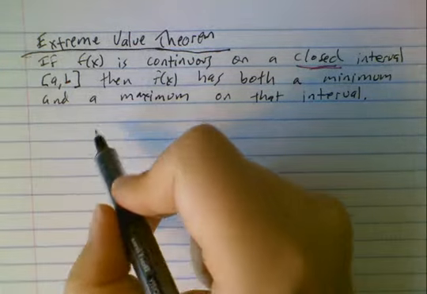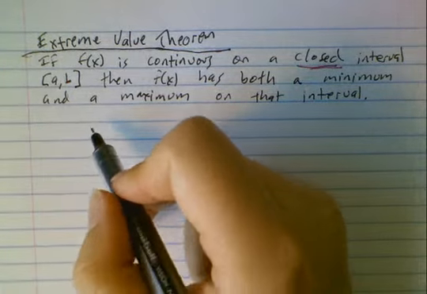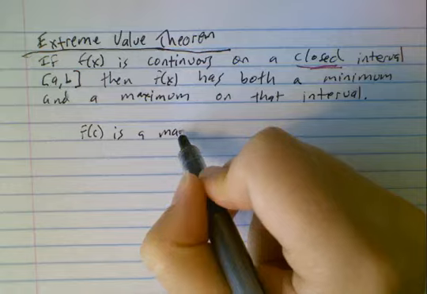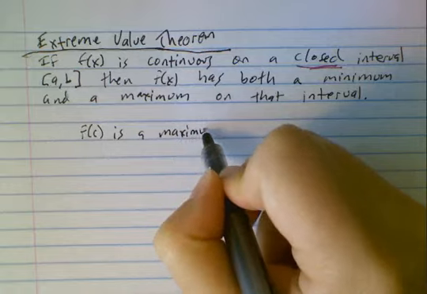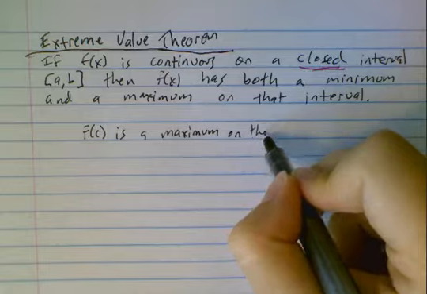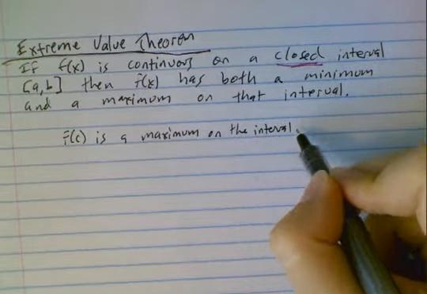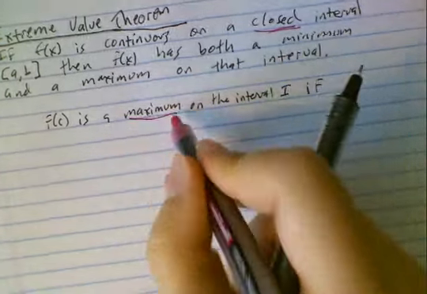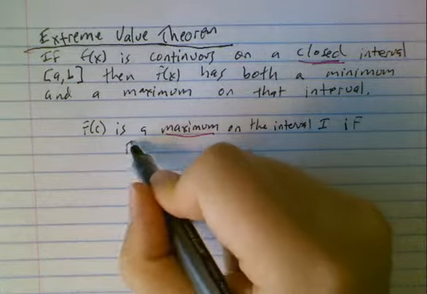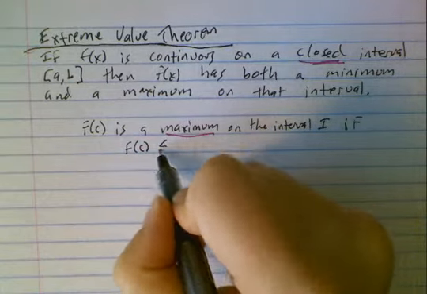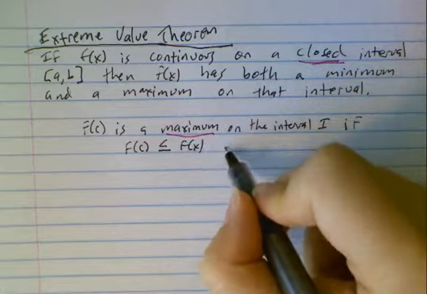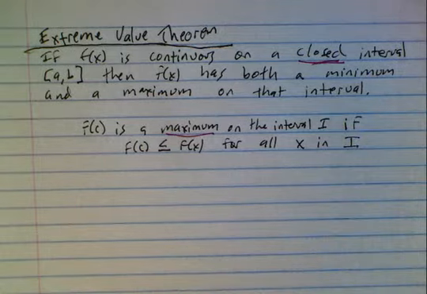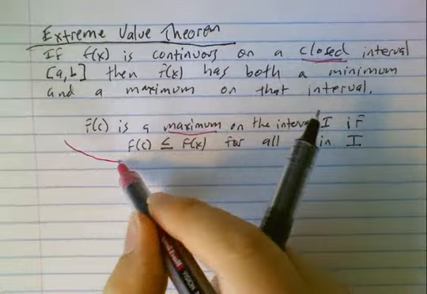However, there are very specific definitions for minimum and maximum, and they may be a little bit different than you might think. f of c is a maximum on the interval I if f of c is greater than or equal to f of x for all x in I. Notice that there is a little or equal to symbol.